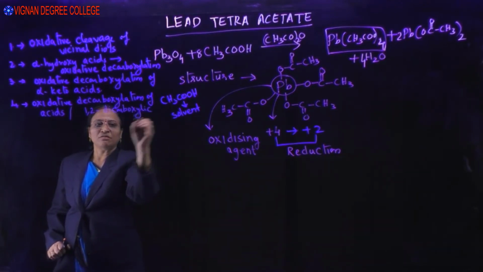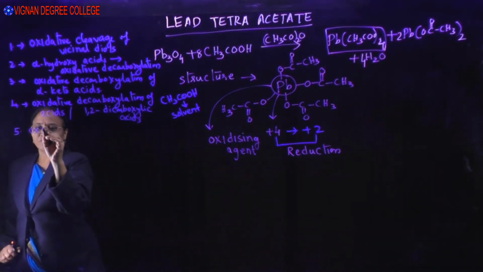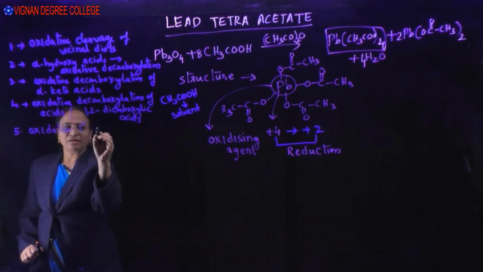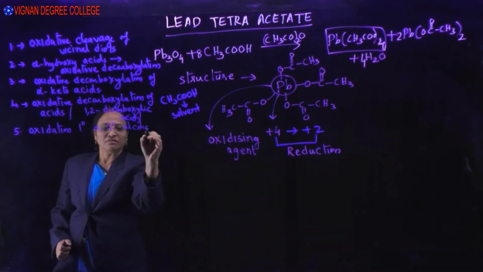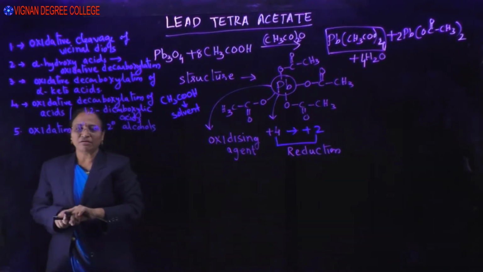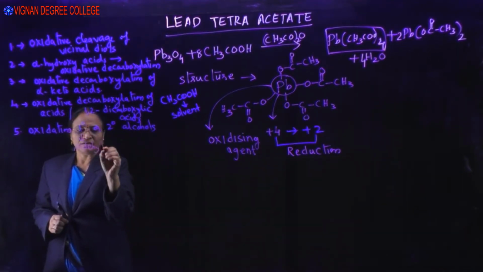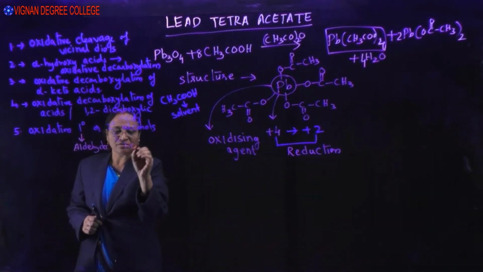Both can undergo oxidative decarboxylation. Then it can be used for oxidation of primary or secondary alcohols, where primary alcohols are converted into aldehydes, whereas secondary alcohols are converted into ketones.